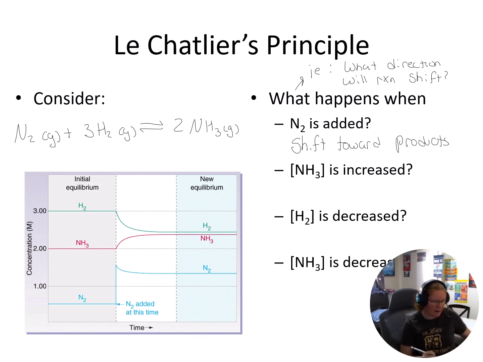Okay, all right. Now, what if I add in some more ammonia? Okay, what's ammonia, a reactant or a product? It's a product. So we need to shift toward reactants.